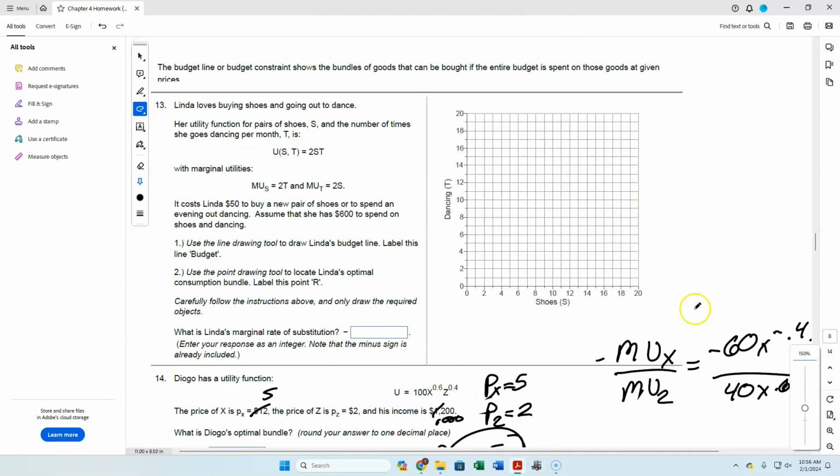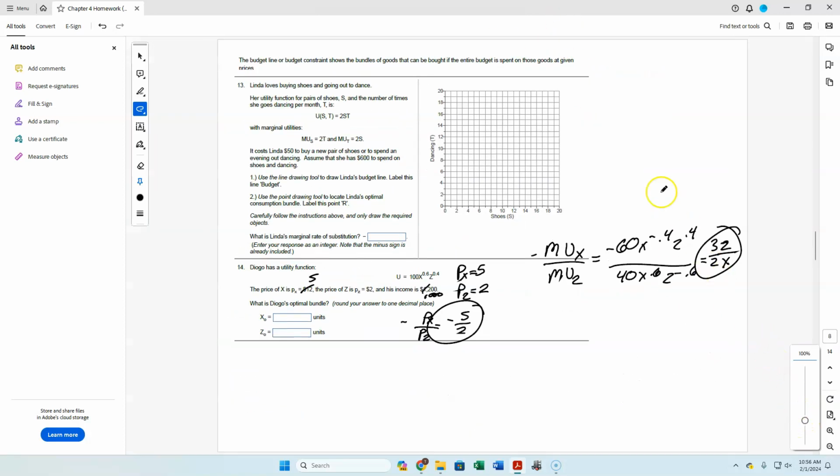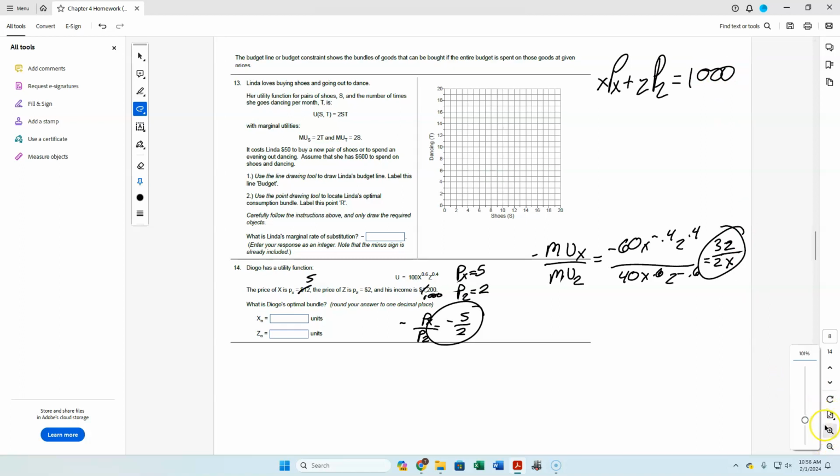So in essence, I'm going to do x times px plus z times pz equals 1,000, which would be x times 5 plus z times 2 equals 1,000.